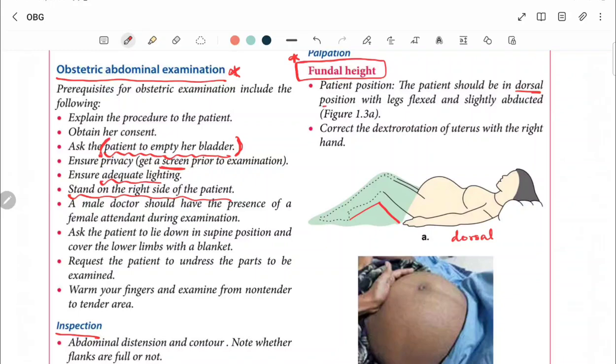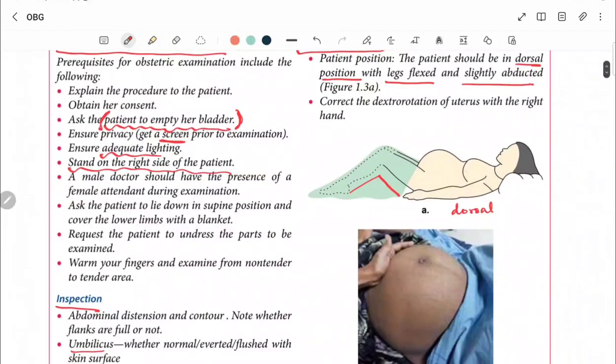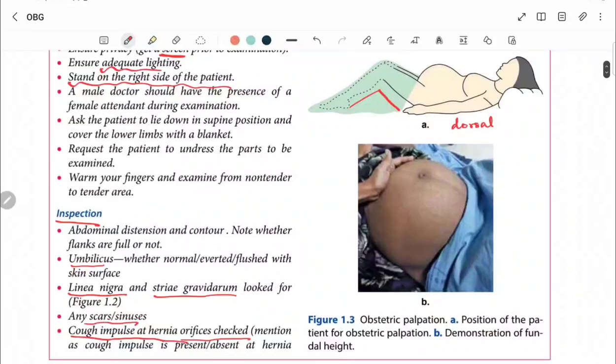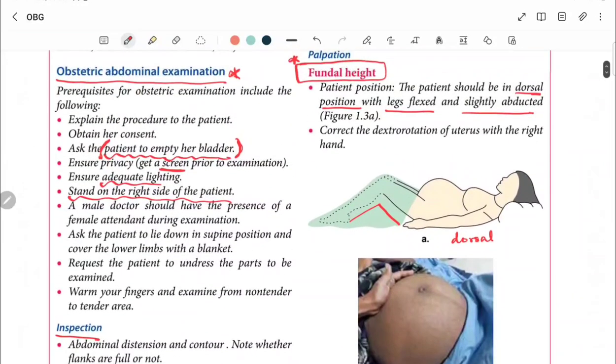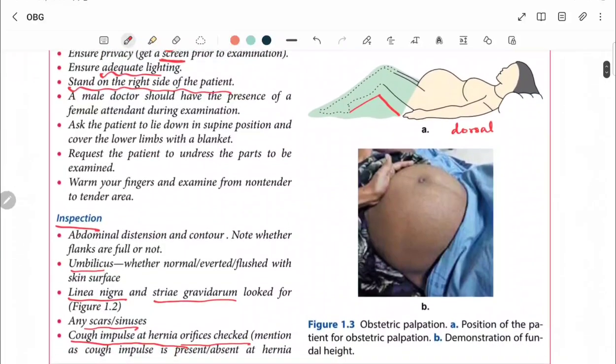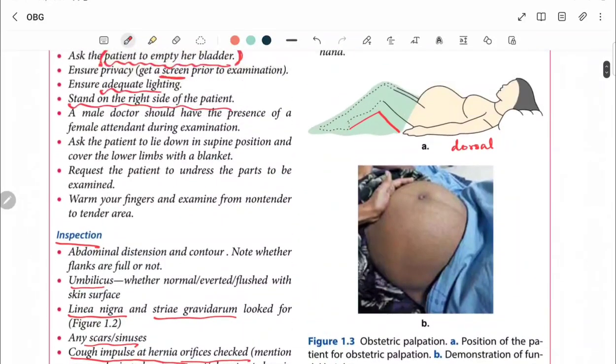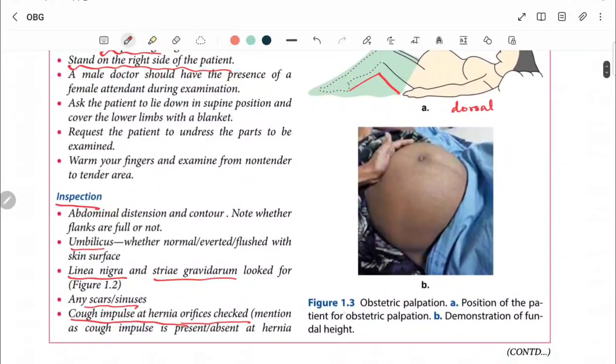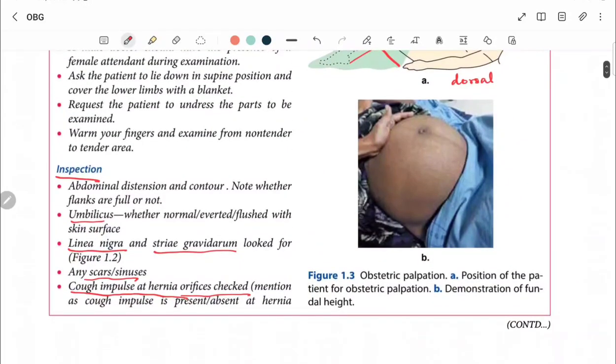Correct the dextro rotation of the uterus with the right hand. In figure A, you can see the position of the patient in obstetric palpation. In figure B, there is the demonstration of the fundal height.